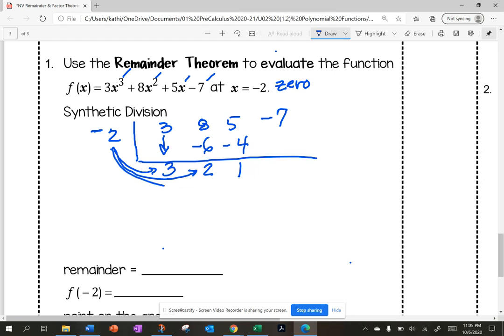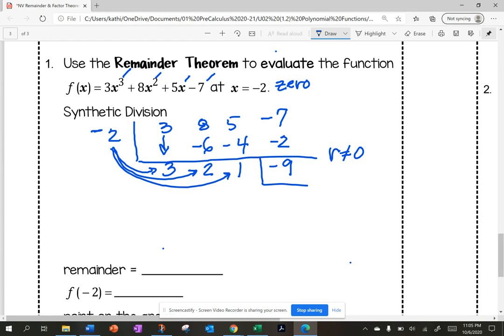I'm going to multiply -2 times 1 and I get -2. Add down, I get -9. So after I'm doing my synthetic division, I'm looking at what's my remainder. So my remainder is not equal to 0.